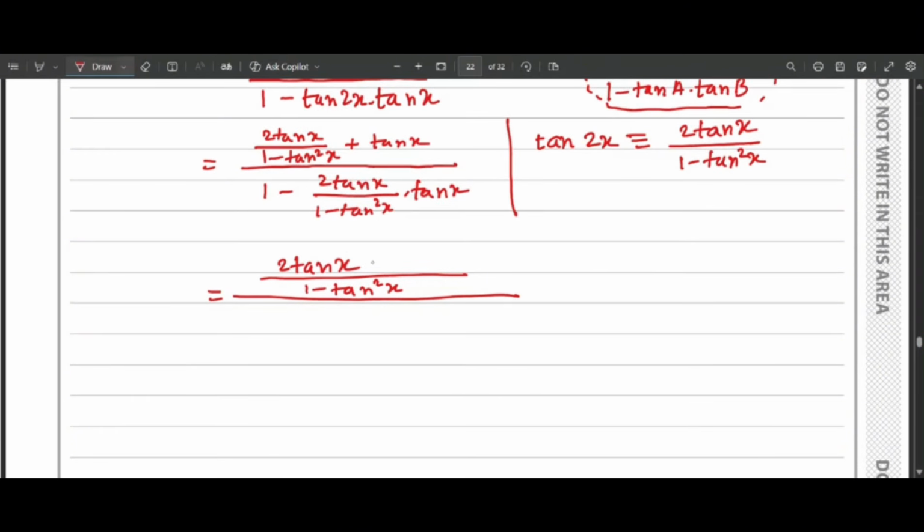So this will give us 2 tan x plus tan x into 1 minus tan square x. This is the result of combining the fractions together. Now if we do the same for the denominator, we get 1 minus tan square x as the denominator of the fraction in the denominator. So then we get 1 minus tan square x, then minus 2 tan square x.